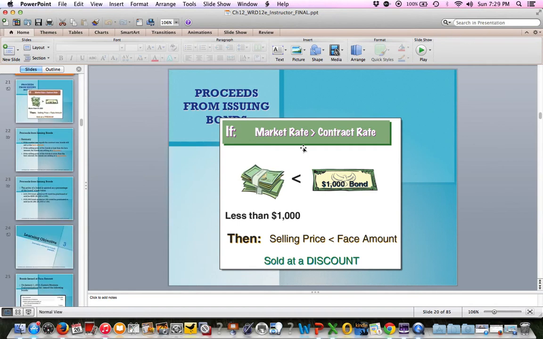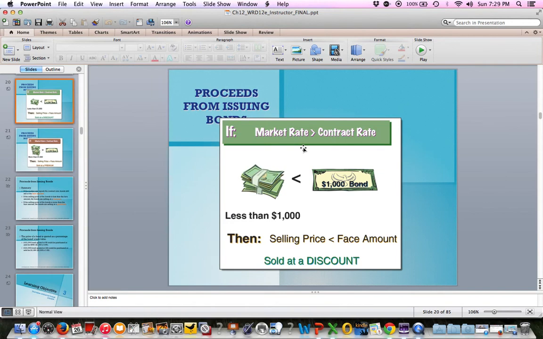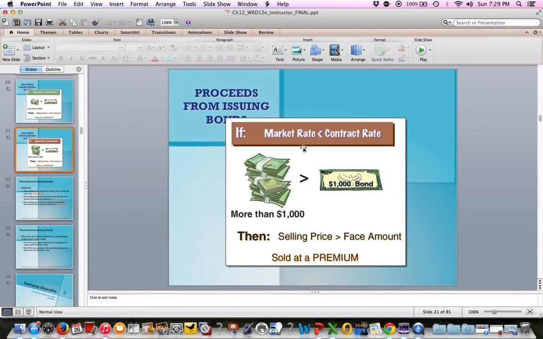The flip side happens, of course, when a bond is sold at a premium. If the market rate is greater than the contract rate, then discount. And here it is, the market rate less than the contract rate. I got that backwards in my head for a second.